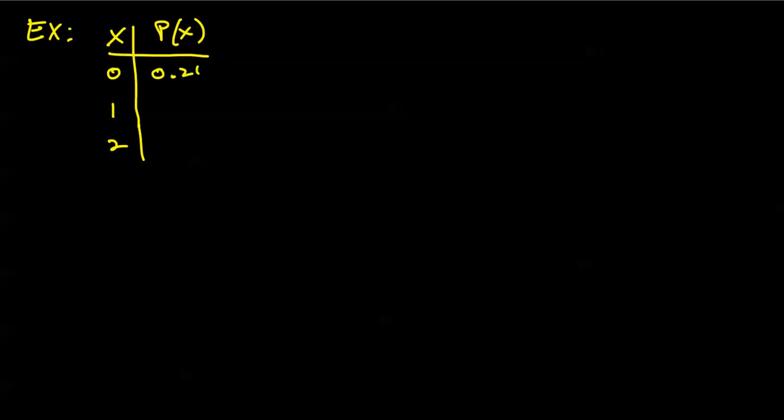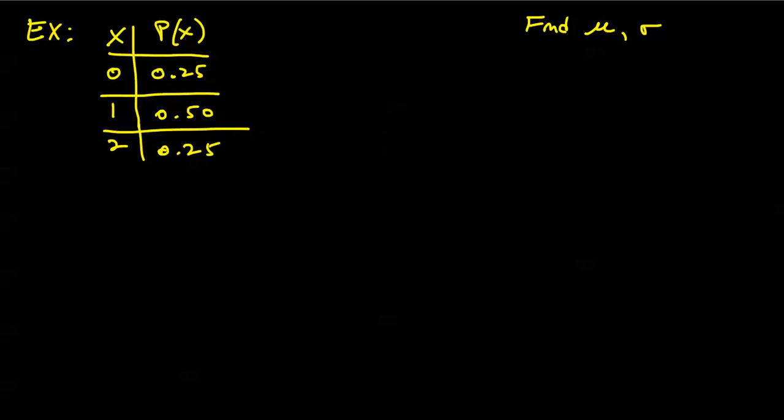And I'm going to decimalize some things here: 0.25, 0.5, and 0.25. Find the mean and the standard deviation. Find mu and sigma for this probability distribution.